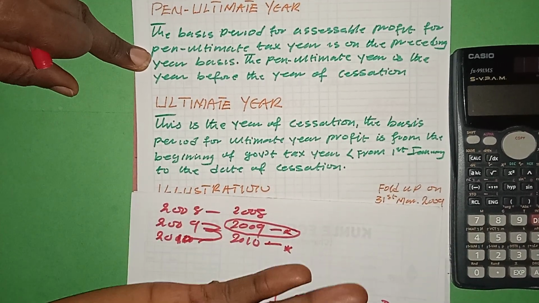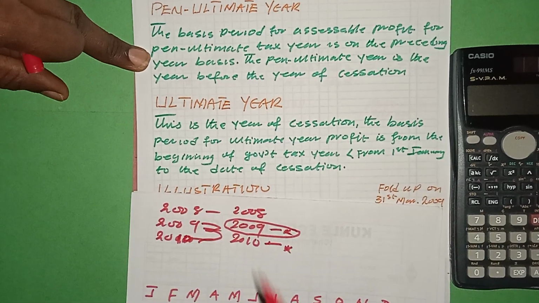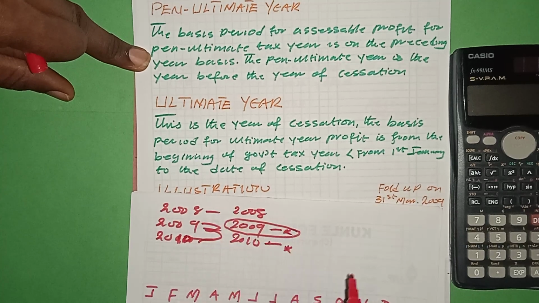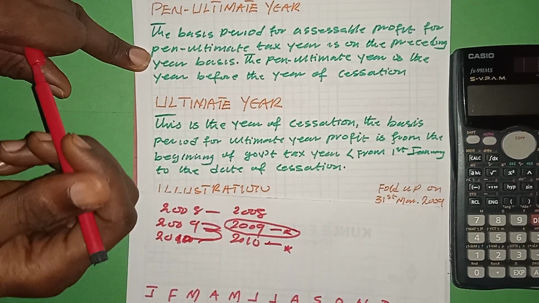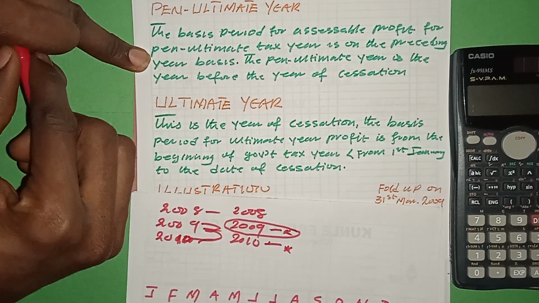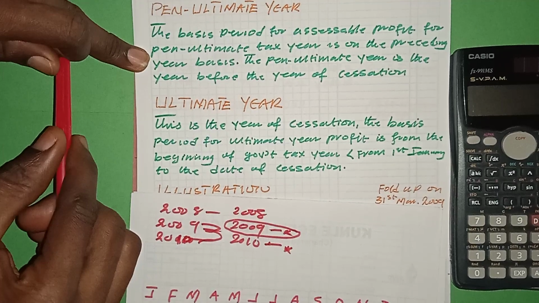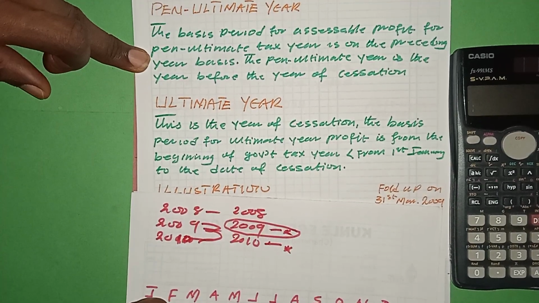Now, what is the government tax year? Beginning of the government tax year from January 1st to the date of cessation. I told you the last time about the government fiscal year. It runs from January 1st to 31st December of the same year.